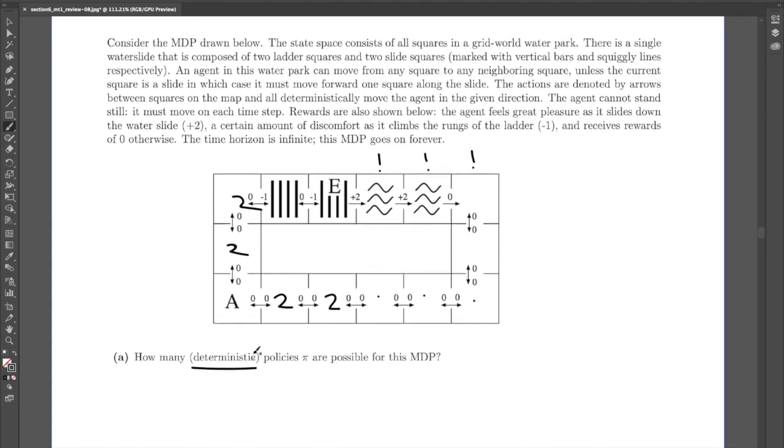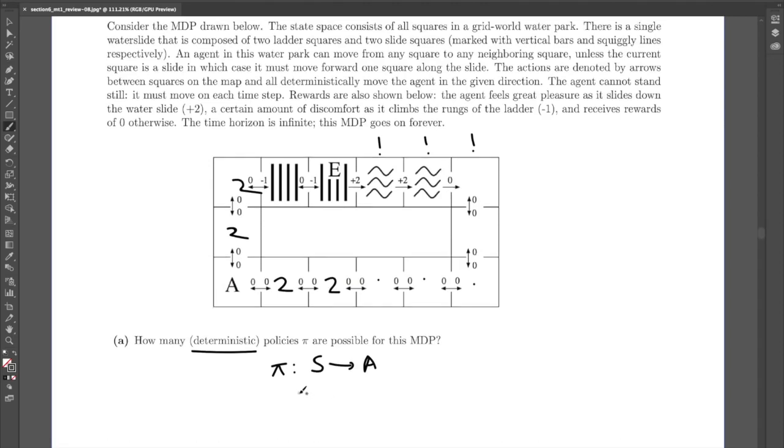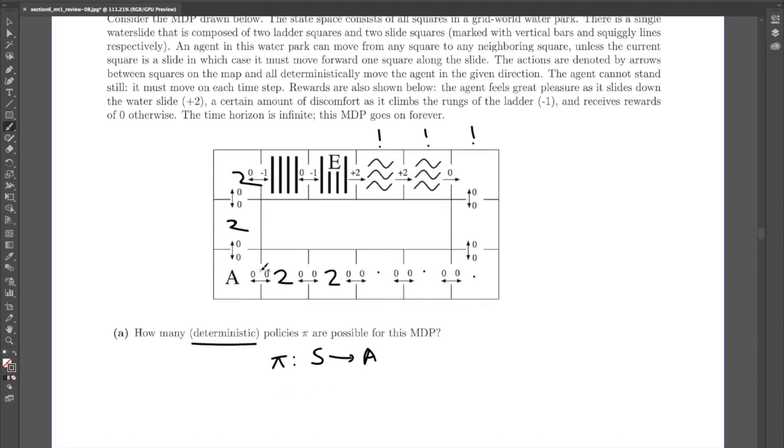Okay, so how do we find the number of policies? Well, a policy, recall, is just a function which maps each state to an action. So this is what the function looks like. And how many policies can there be? You just multiply the number of actions that you can assign to each of the states. So it's going to be 2 options for this, 2 for this, 2 for this, and so on and so forth, and 1, 1, 1 for each of these.